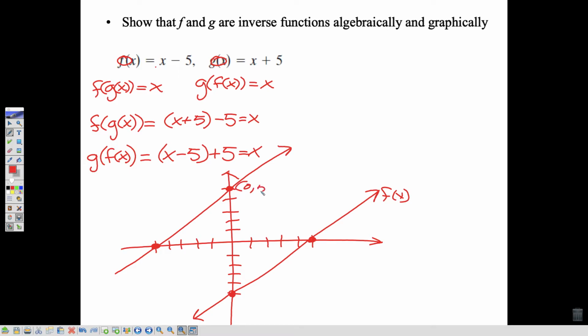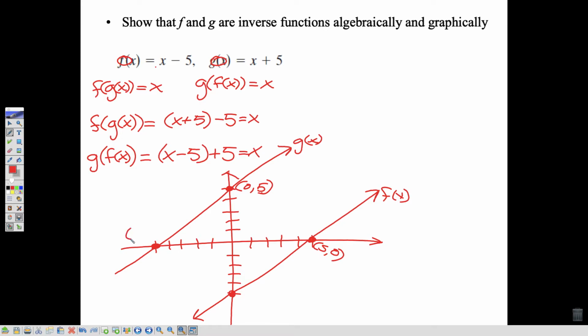If this is g of x, these are inverses of each other. If I call g of x f of x, then f of x is f inverse. So this is 0, 5. What point better be on this one? 5, 0. Is it? Yeah. Okay.